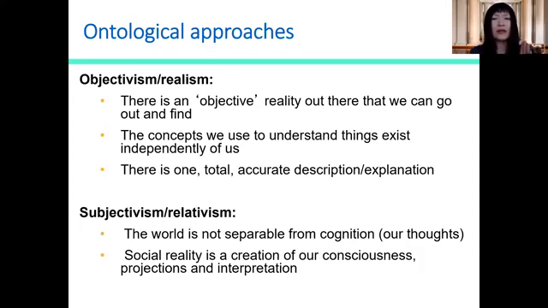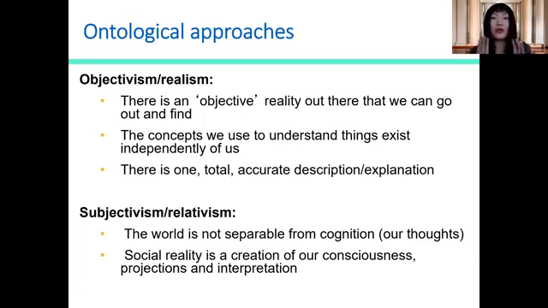So everything has a distortion through the lens of a culture or a power. You can tell that these two are quite extremely different, objectivism being quite objective and subjectivism being quite subjective, isn't it?